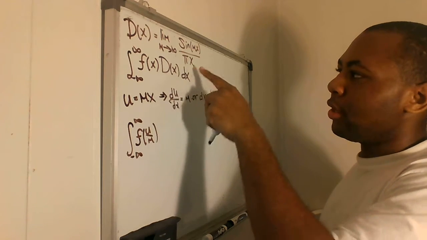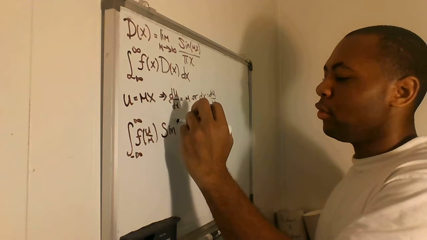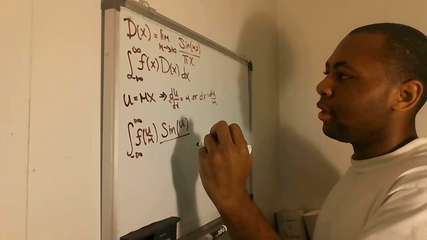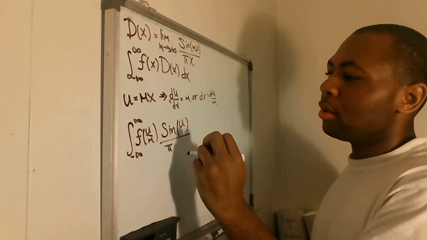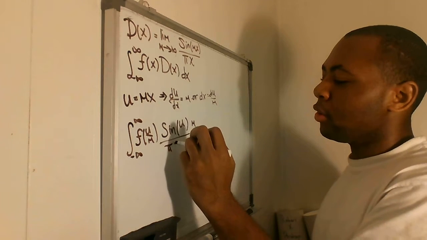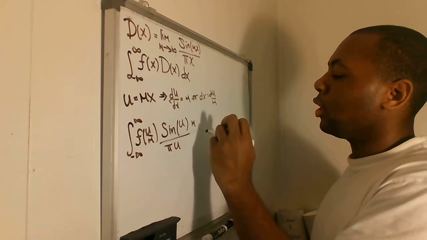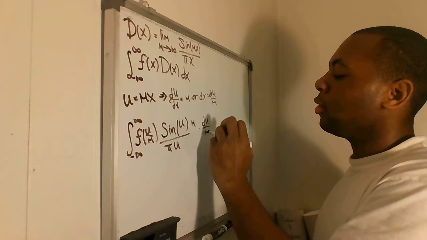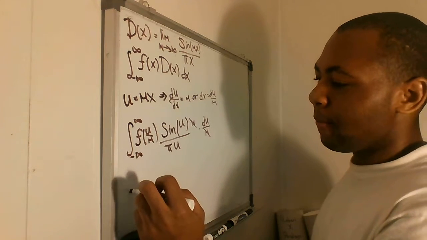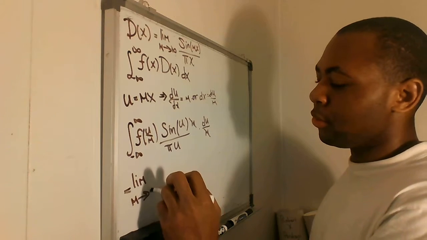D of u over m is sine of u divided by pi times u over m, so m is up top, u is at the bottom. Times du over m. The m's cancel. Easy peasy. And then we also have the limit, so don't forget the limit as m goes to infinity.